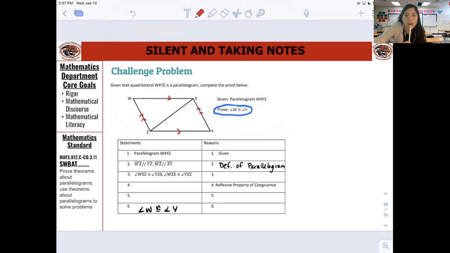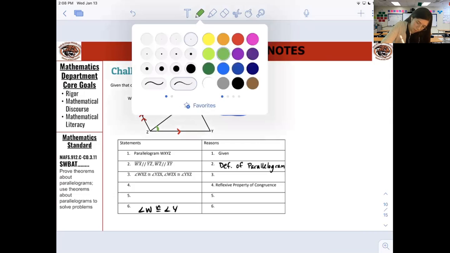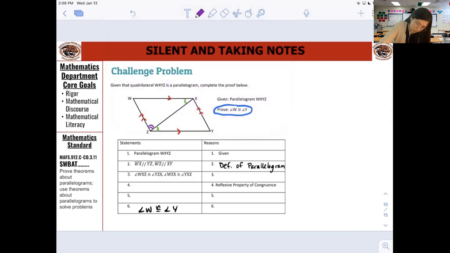Next, they're telling me that angle WXZ is congruent to angle YZX, and angle WZX, do that in purple, is congruent to angle YXZ, this one over here. Why is that? What is my reason?